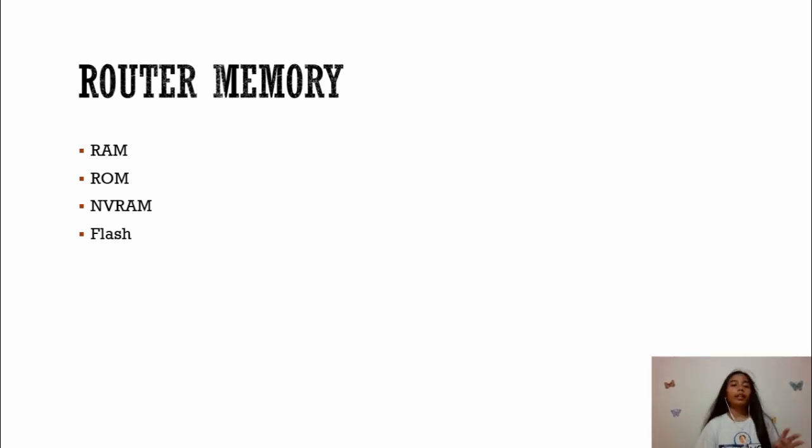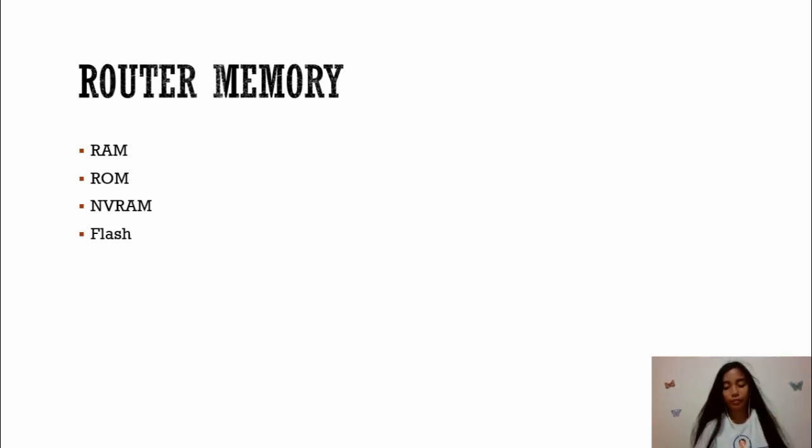And for the next one, we have the ROM. It is a non-volatile memory used to store crucial operational instructions and a limited IOS. The ROM is firmware embedded in an integrated circuit inside the router, which cannot be altered except by Cisco. And the NVRAM is a non-volatile memory used for permanent storage of the startup configuration file, or the startup config.